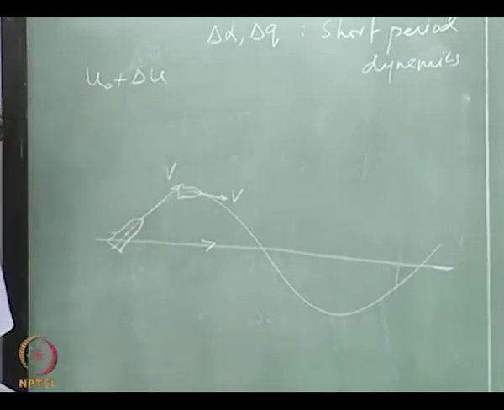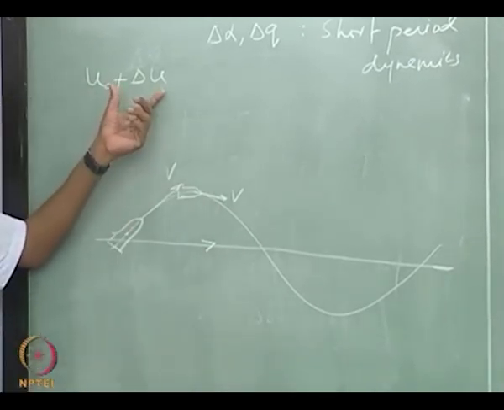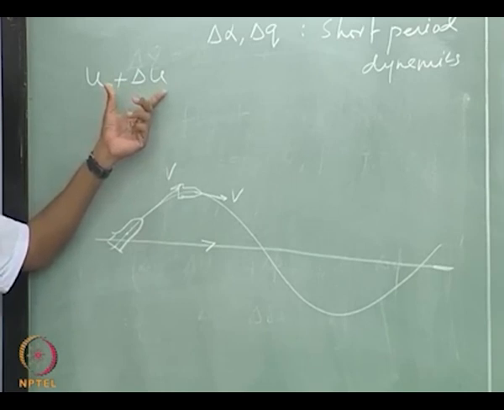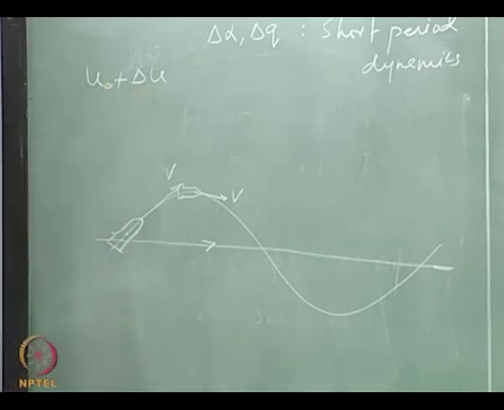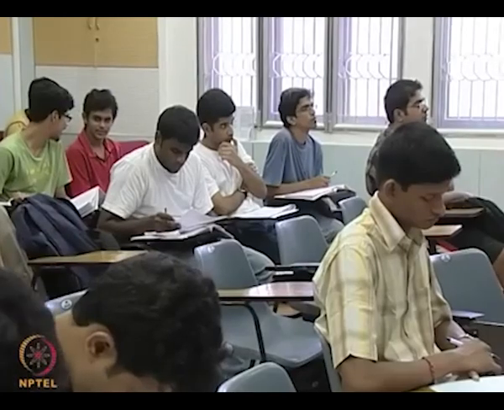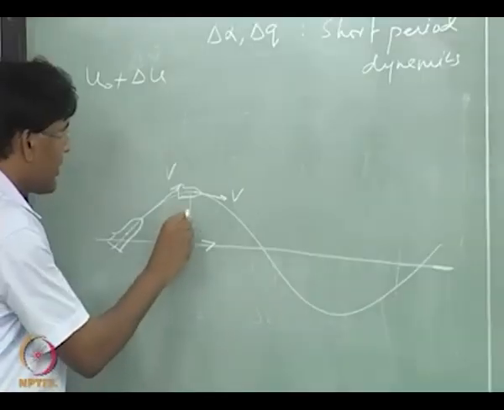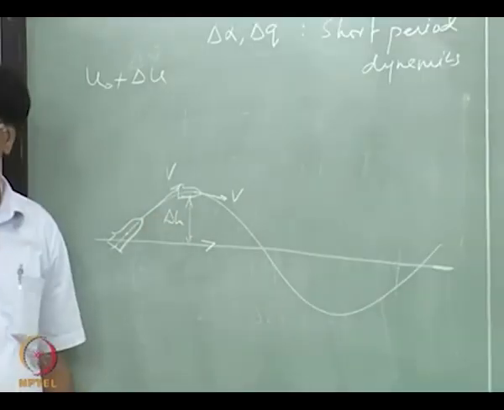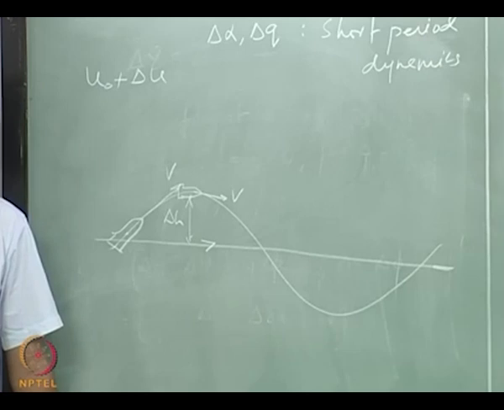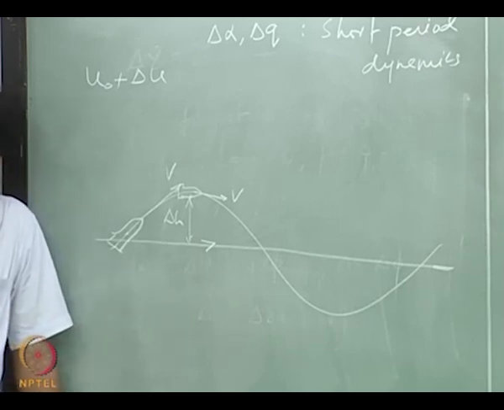Why will it come down? Because this delta U is not going to be there all the time. If this delta U is going to be there all the time, then it is like an input to the aircraft, like a disturbance. Now it has attained this delta H. But this perturbation is going to go down slowly.